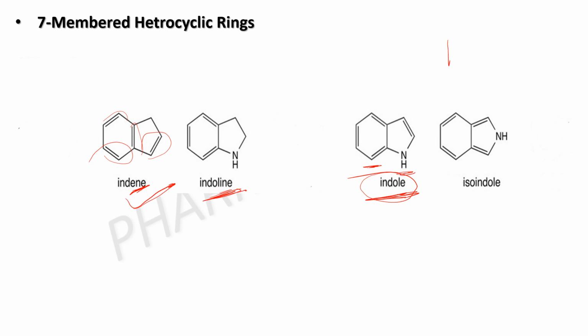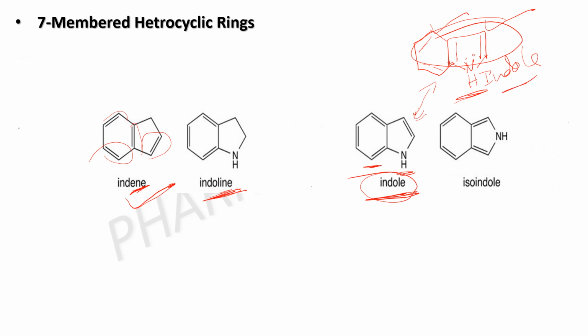You already saw pyrrole in the previous slide. When pyrrole is fused with benzene, it becomes indole. Just remember, benzene fused with pyrrole becomes indole.